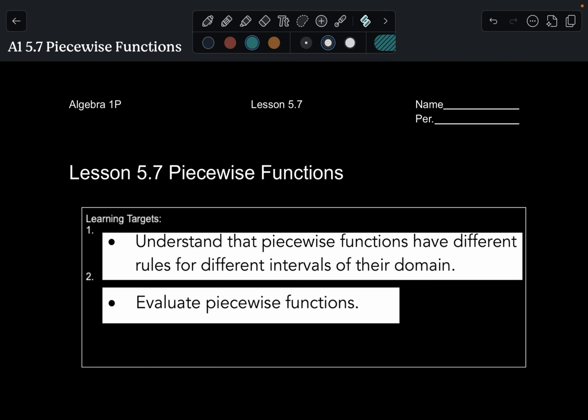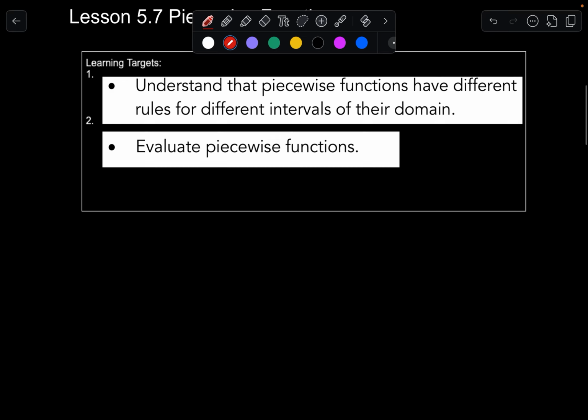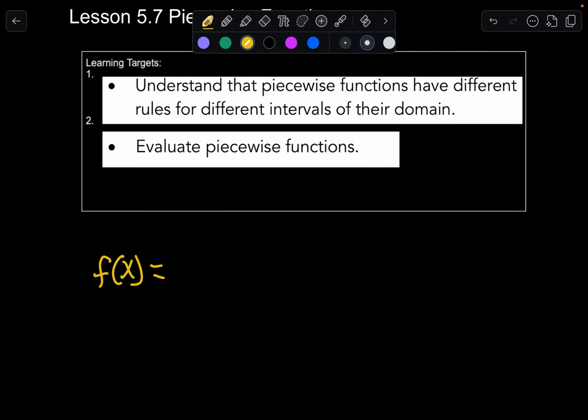For example, here's a piecewise defined function. I'm just making this up. Let's say f of x equals 2x plus 3, where x is between 0 and 5.